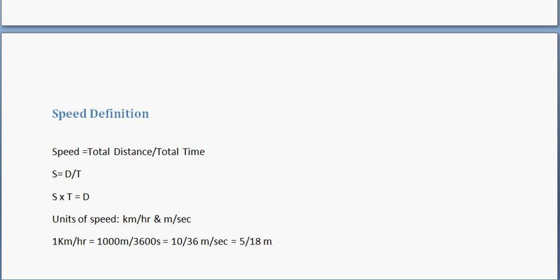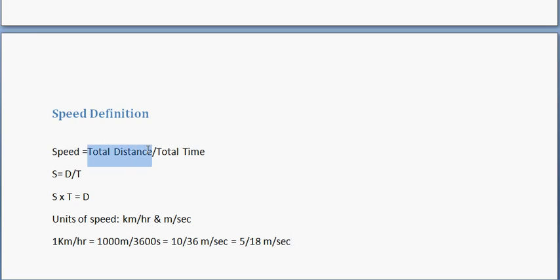No need to remember this. Whenever you want to convert kilometer per hour into meter per second, just change kilometer into 1000 meters, change hour into 3600 seconds and get the resultant, right? That's it.